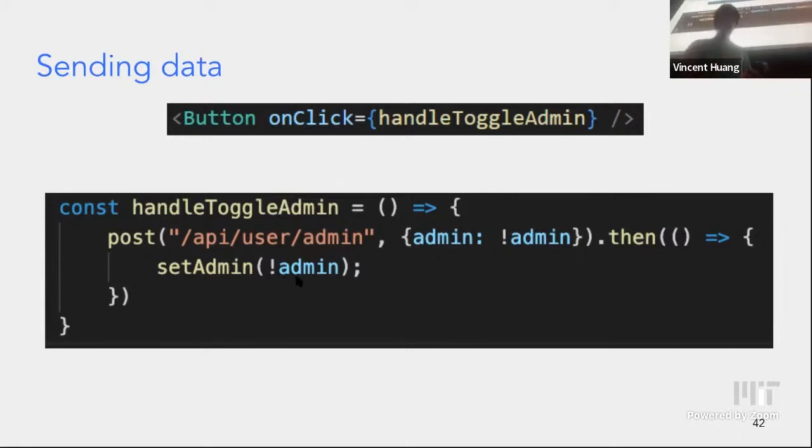And the reason we like this pattern of first you do the post request and then you change the state is because it makes sure that the front end state never runs ahead of the back end, right?